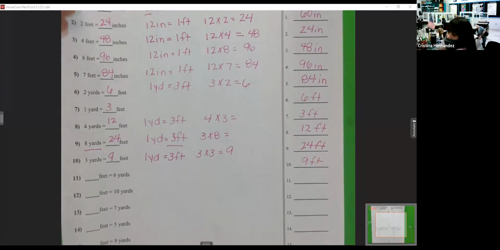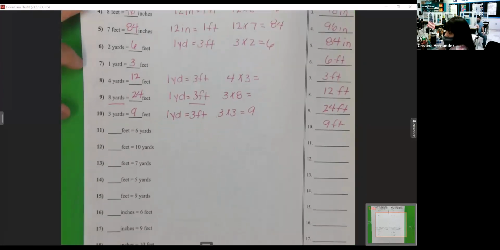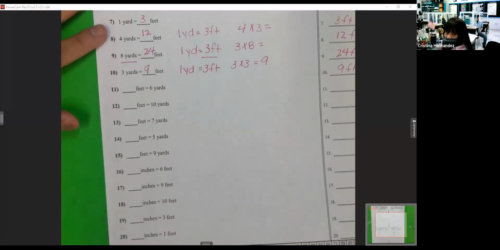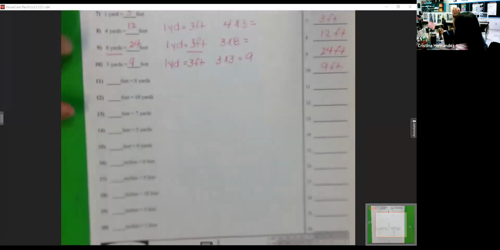Right here. Y'all remember this from yesterday? We were doing from feet to inches. Let's do it from yards to feet. I remember. What page is it again? It's not in our math. You're just writing it down in your journal. Mariah, you might have it in your math. Oh wait, I had it. If you have it, you can get it out and work on it. I think. wait, did Mariah go back to Zoom class?